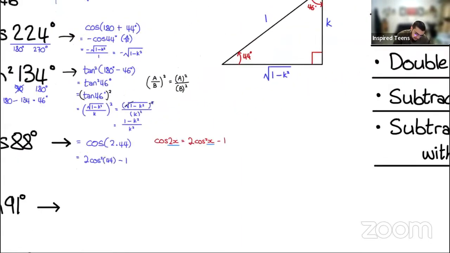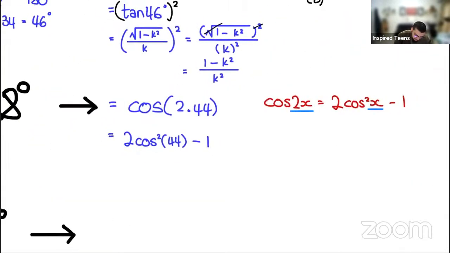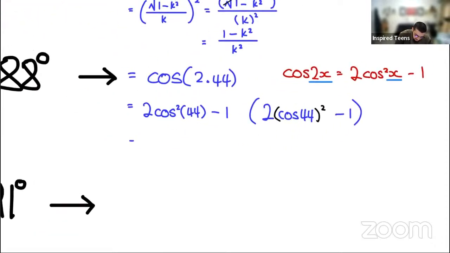Now 44, that's good because that's an angle of the triangle, so I can work with that. Again, remember, this here is the same thing as having 2 times cos 44 squared, minus 1. So in that case, I can just substitute the value of cos 44.